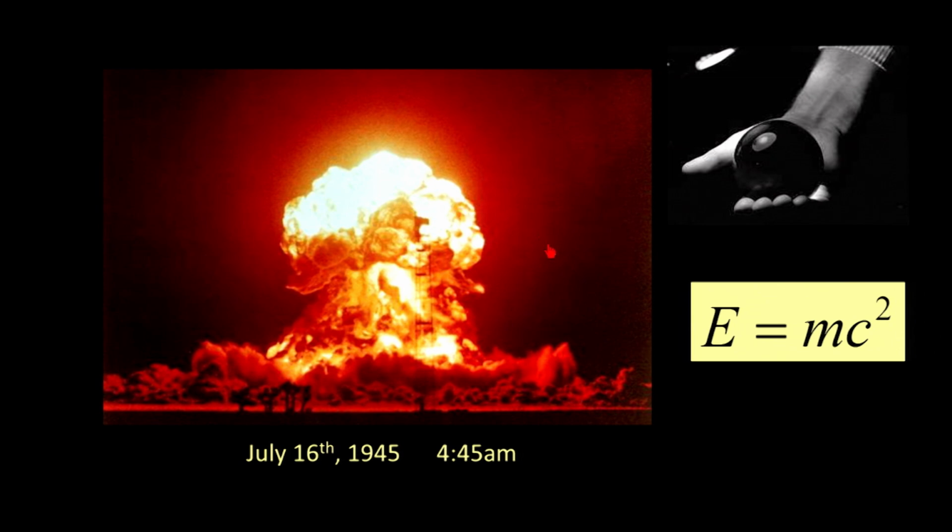Now, what does this have to do with astronomy? Well, in the early 1950s, the astronomers realized that the physics of the reaction happening to make this explosion is the very same physics that the sun is capable of producing. So the process that makes this energy release is also something that the sun is capable of.